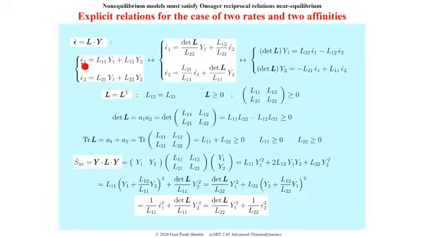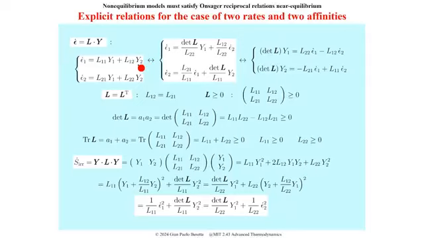So that's the linear relation. It says that the rate of reaction 1 is partly due to the fact that reaction 1 is in disequilibrium, epsilon 1, but it's also coupled with the disequilibrium of reaction 2.